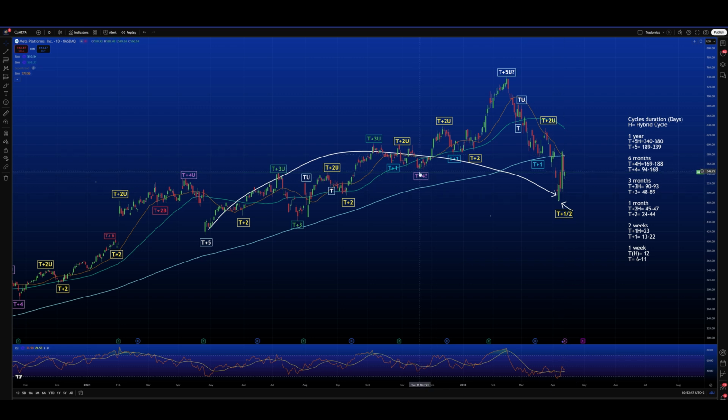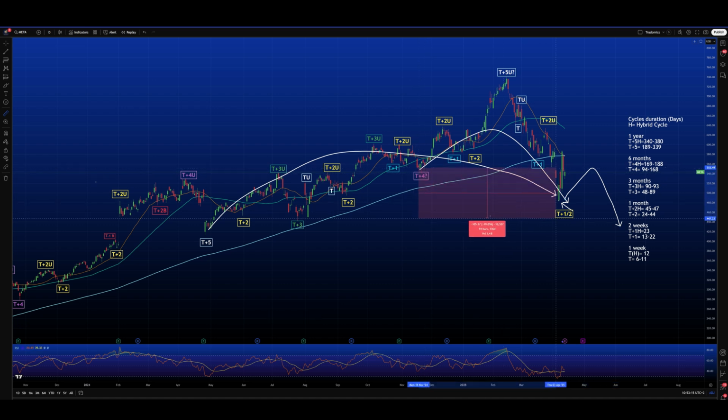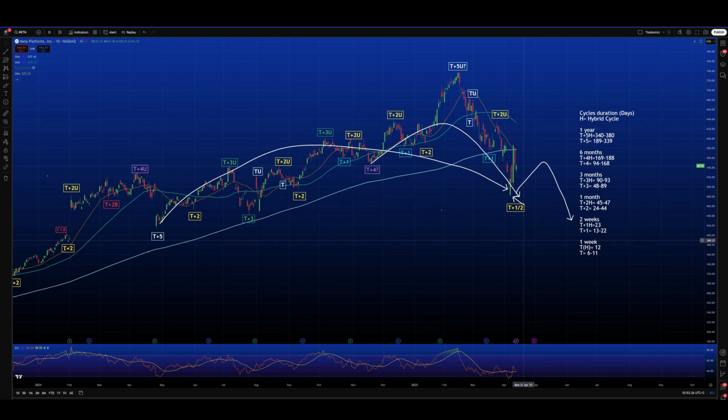But what I fear here is that this is a T plus 4 that is negative. So we don't have a T plus 5, but we have a T plus 4 negative. And if this is negative, this is a bounce, and then we return to the absolute lows. If this is a T plus 4, the total duration is 93 days, which is not yet the minimum duration of a T plus 4. So this cycle can last until 168 days.